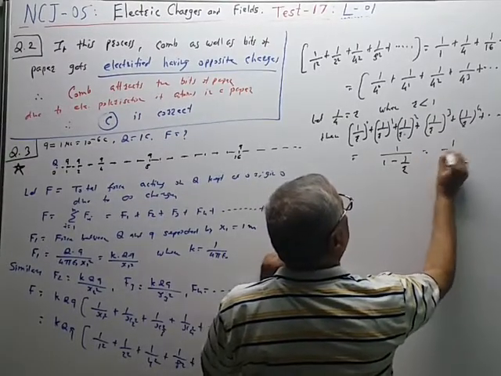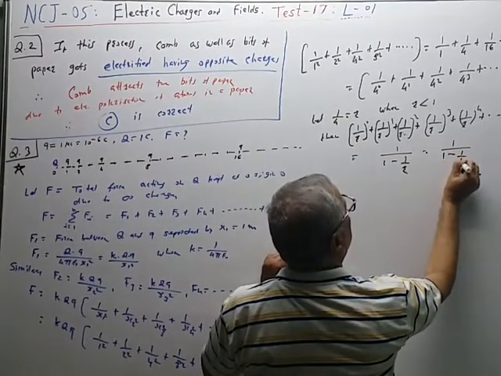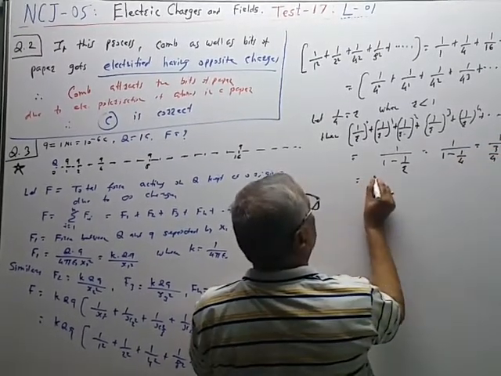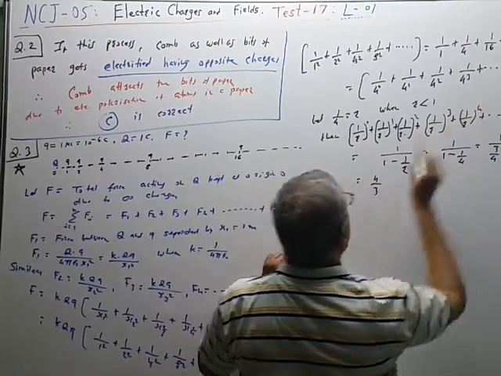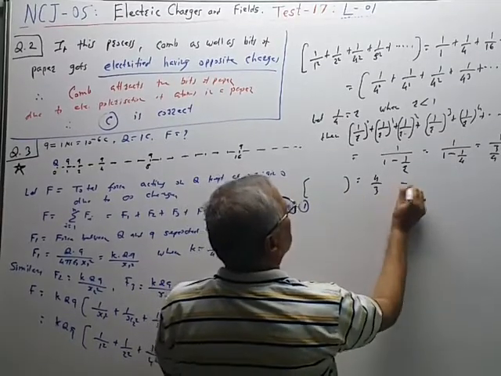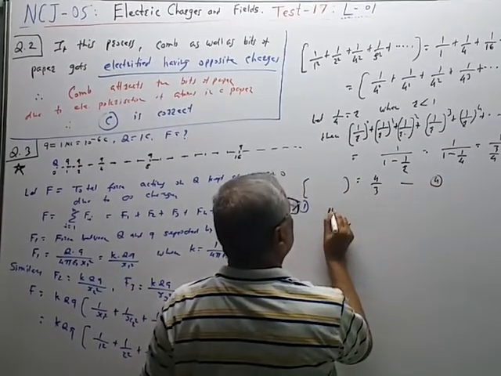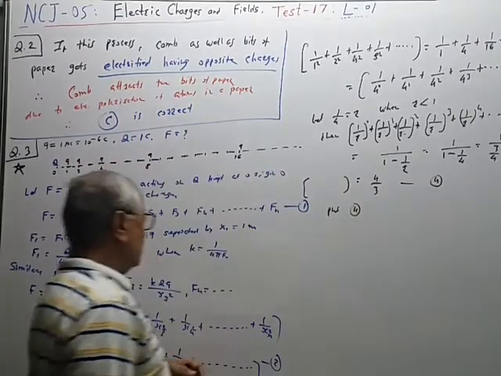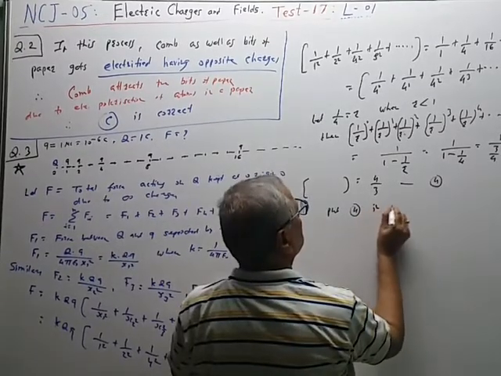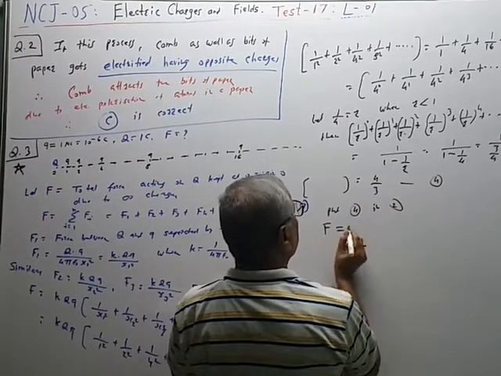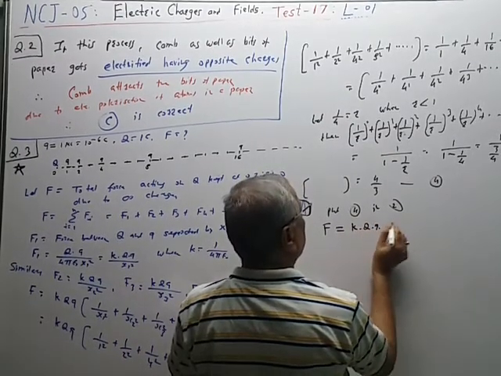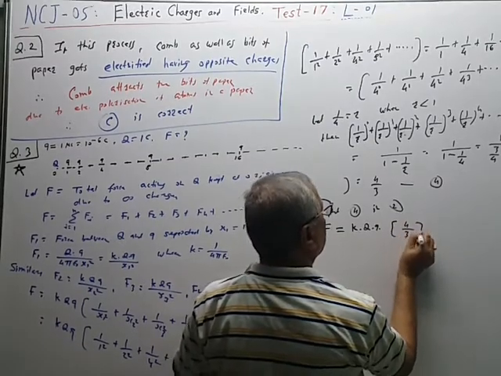And therefore this is equal to 1 upon 1 minus 1 by 4. So 1 upon 3 by 4, that is equal to 4 by 3. So this right hand side has this value. So bracket is equal to 4 by 3. Put 4 by 3 in, therefore total F is equal to k into Q q into bracket, which has value 4 by 3.